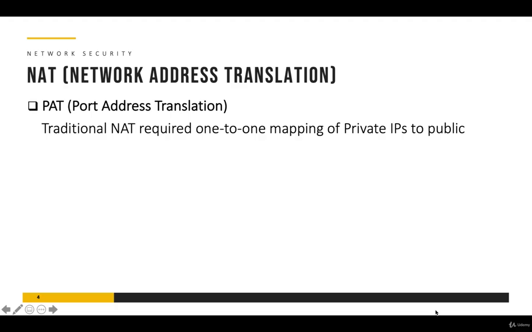So the technique you just observed was technically port address translation, because if you recall, we used port numbers along with the IP addresses. So the NAT generated random port numbers. Now this is also very useful because let's say if one system creates multiple connections to different destinations, then the NAT router can use different port numbers along with the same IP address to differentiate between these multiple connections.